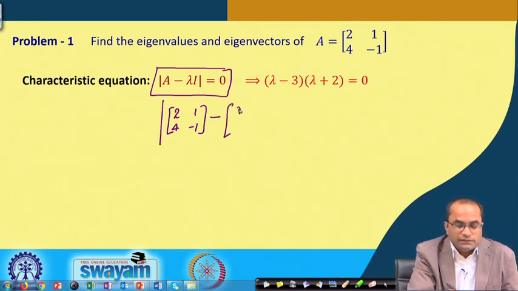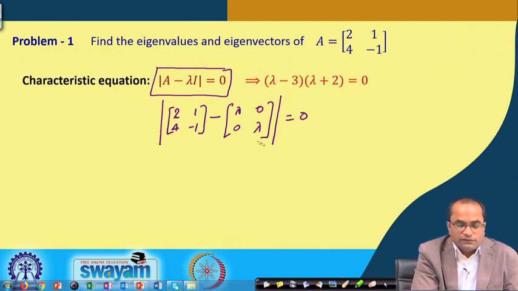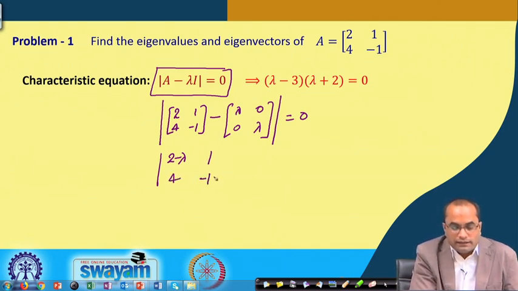So, λI means [λ 0; 0 λ], that is the product of lambda and this identity matrix, and we want to solve now the determinant here. So, what is the matrix? The matrix here is 2 - λ, and then we have here 1, and here we have 4, and then -1 - λ.